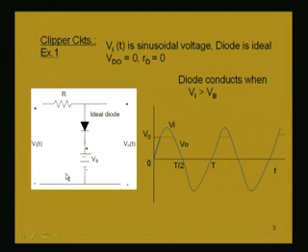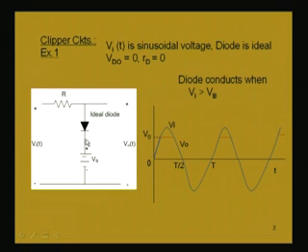Now, in this circuit we first have to see when the diode will be conducting. The diode has on the N side a battery with potential VB. In order to conduct, the voltage at the P side must be higher than the voltage at the N side.